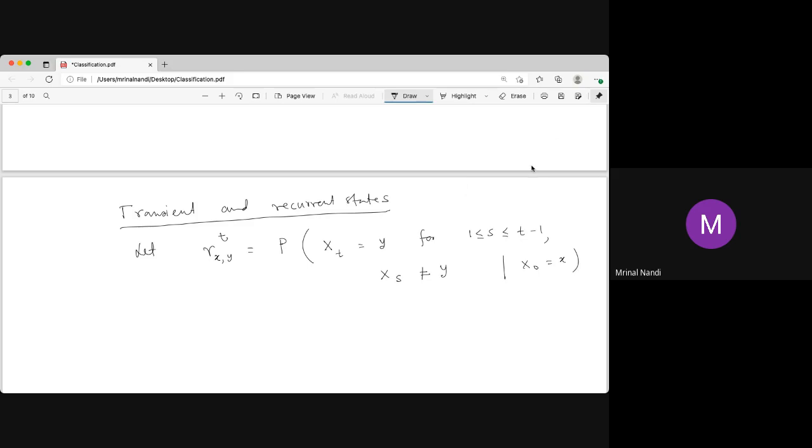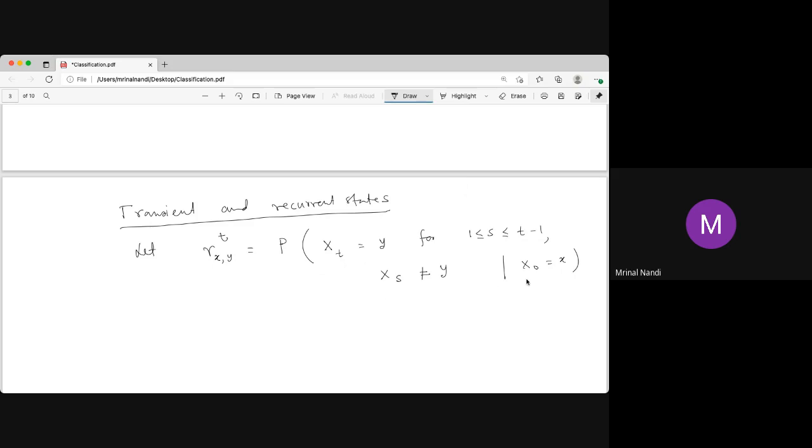So you start from x. The subscript xy means start from x, so X_0 equals x. The starting point is x. It reaches y for the first time: X_t equals y, X_1 not equal to y, X_2 not equal to y, X_{t−1} not equal to y.